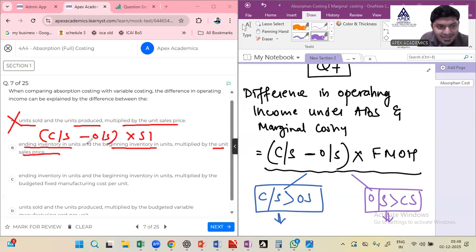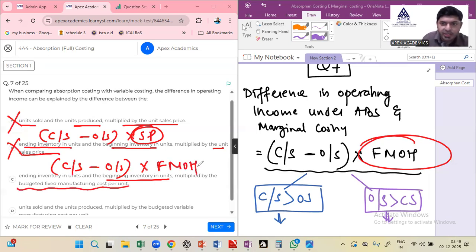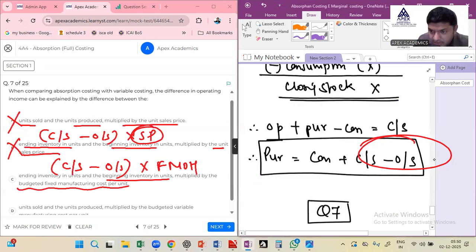This makes no sense. This should be multiplied by what? By fixed manufacturing overheads. Ending inventory in units, closing stock, and beginning inventory in units, opening stock, multiplied by the budgeted fixed manufacturing overheads per unit.